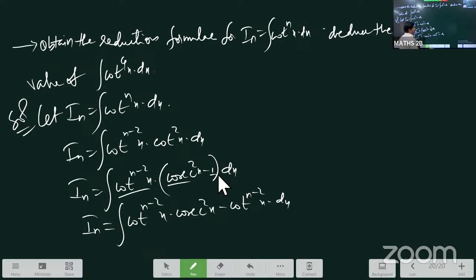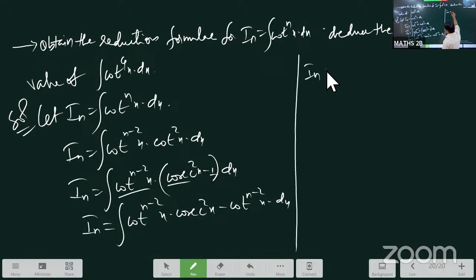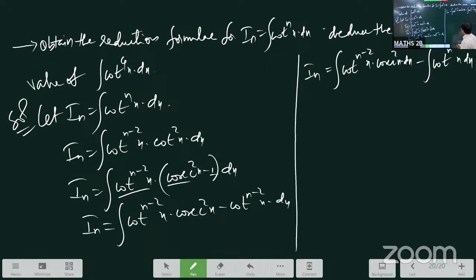Now, separate your integration for both. That is, In is equal to integration of cot to the power n minus 2x into cosecant square x dx minus integration of cot to the power n minus 2x dx.